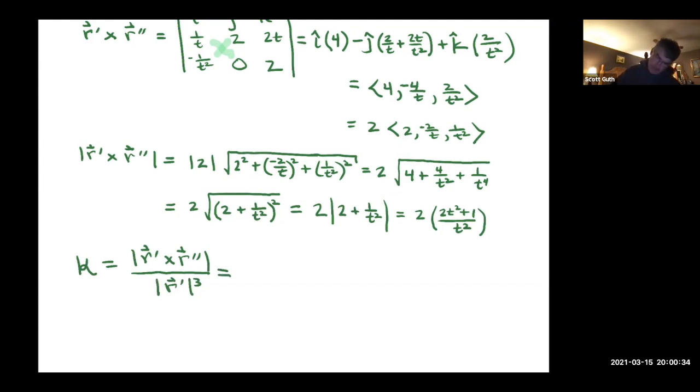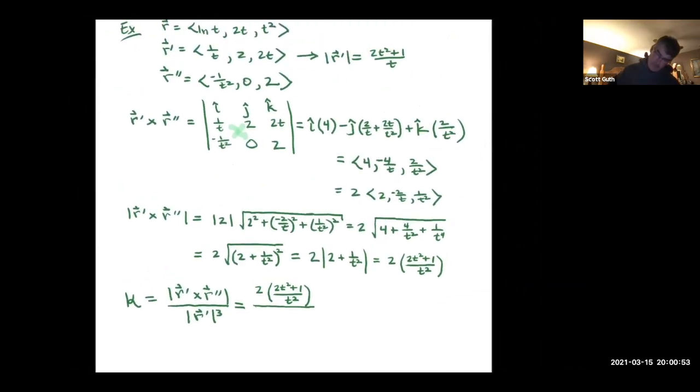So I can just copy that numerator. And the magnitude of r prime, I think, is up here. And that'll be to the 3rd power.